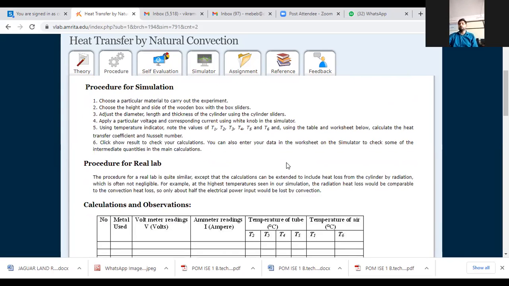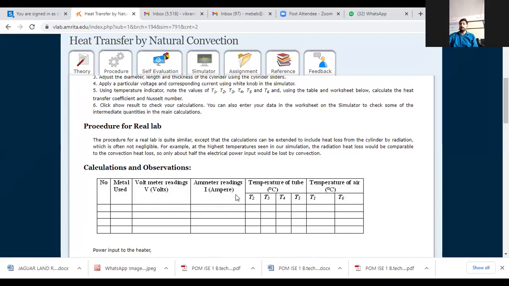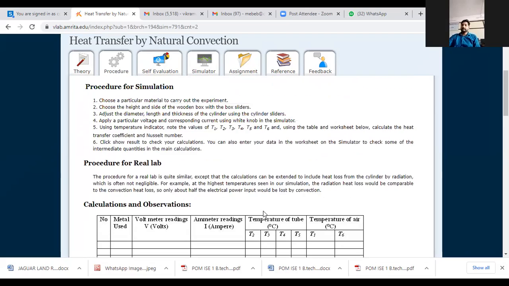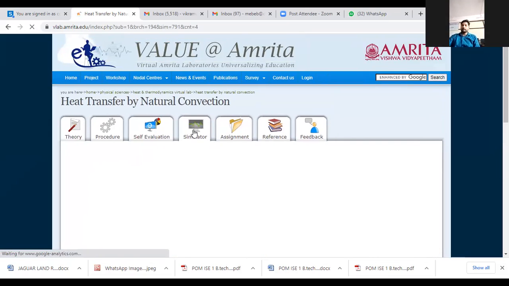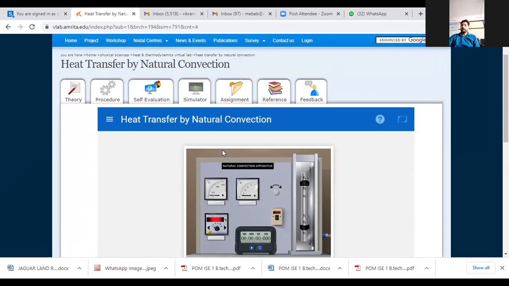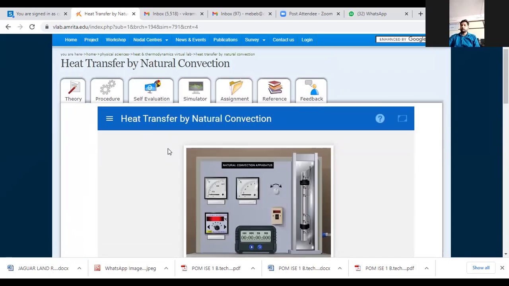Then after that we have to put all the data in this particular table. That Excel format table is also provided in the simulation, and directly we can calculate the heat transfer rate by convection, and also we can calculate the Nusselt number, okay. Formulas are already known to you to calculate the Nusselt number and the Fourier number.